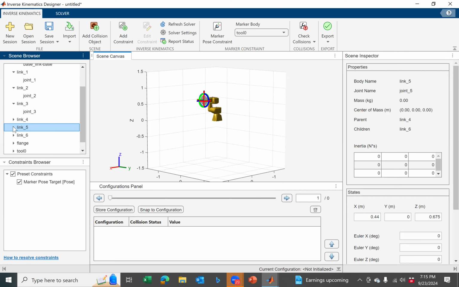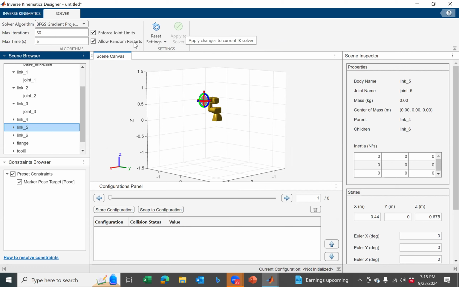Now this toolbox is extremely powerful. You can create collisions, you can detect collisions, you can create bounding boxes, you can do pick and place, you can do a lot of stuff here. But for today's problem, if you want to solve the inverse kinematics problem, notice you have this solver setting.